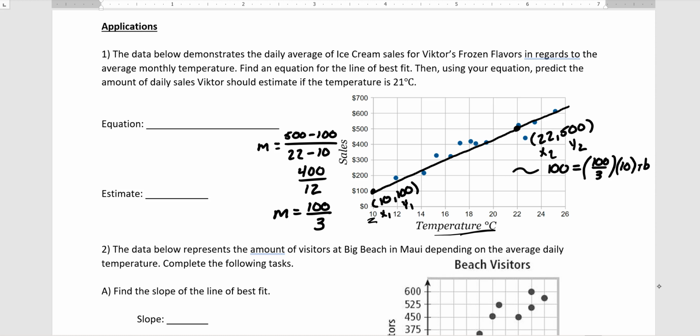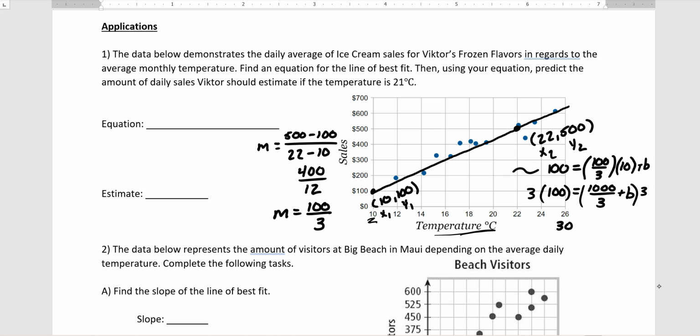Gross. So I'm going to have 100 equals, let's see here, 100 over 3 times 10. So that would be 1,000 over 3 plus b. So if I multiply everything times 3, that'll get rid of this fraction here.